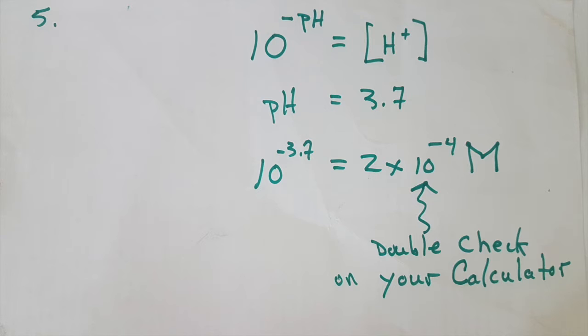The inverse of that function would be essentially simply you're raising everything to 10 to the negative x, I apologize. So the H ion concentration would be 10 to the negative pH. So 10 to the negative 3.7 would be, you'd round it to 2 times 10 to the negative 4 molar.